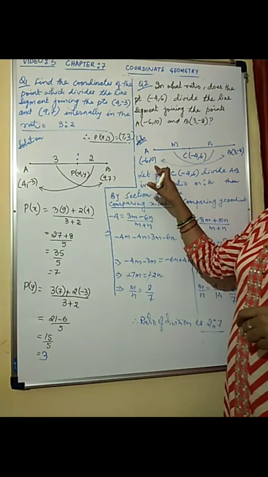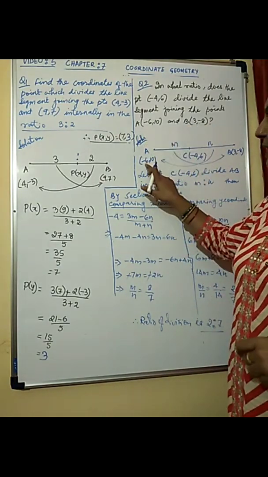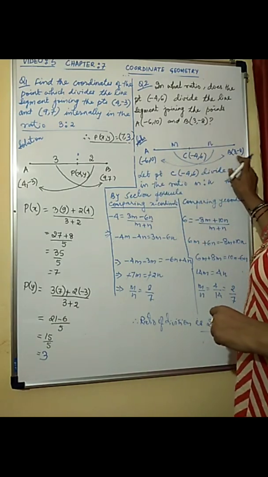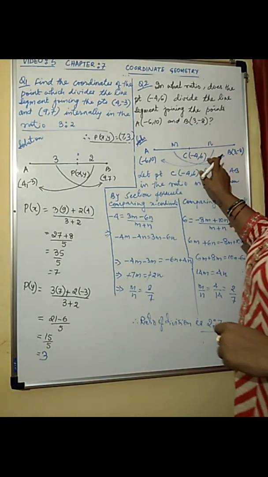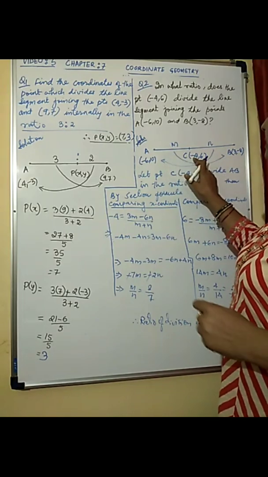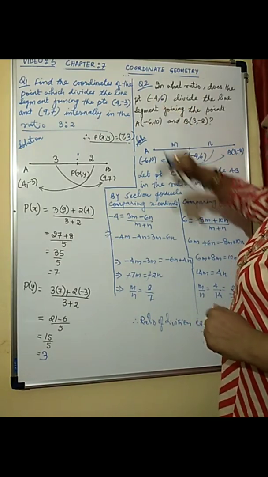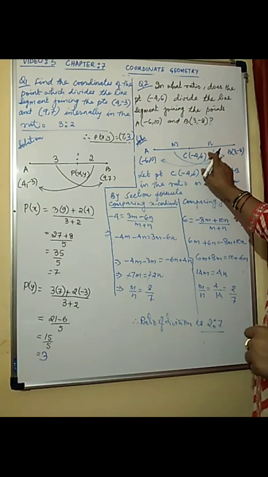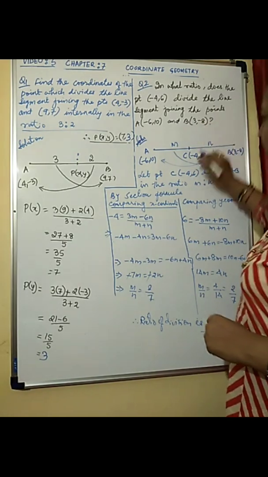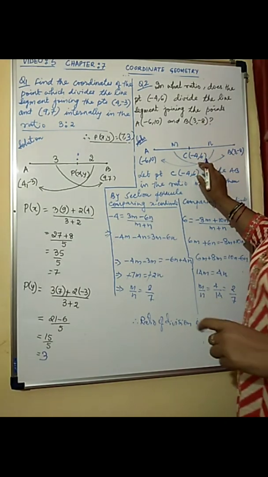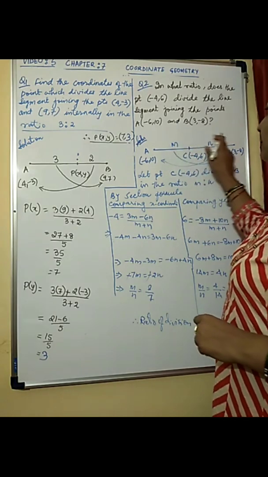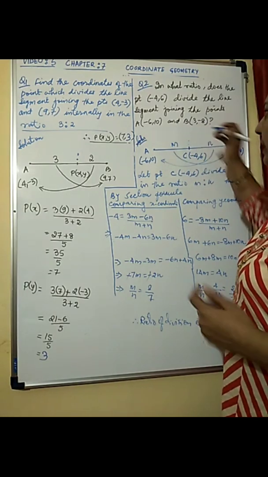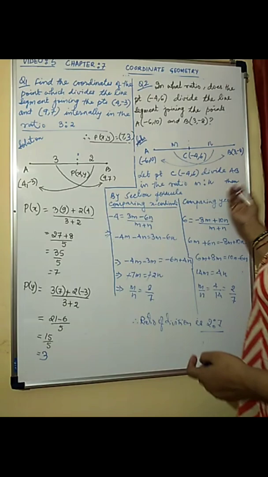Here the line segment is formed by joining A (-6, 10) and B (3, -8). The point which is dividing this line, let us call it C, is (-4, 6). So the coordinates of the point of division are given. You are asked to find the ratio m to n, that is m by n or n by m, whichever way you wish to call it.